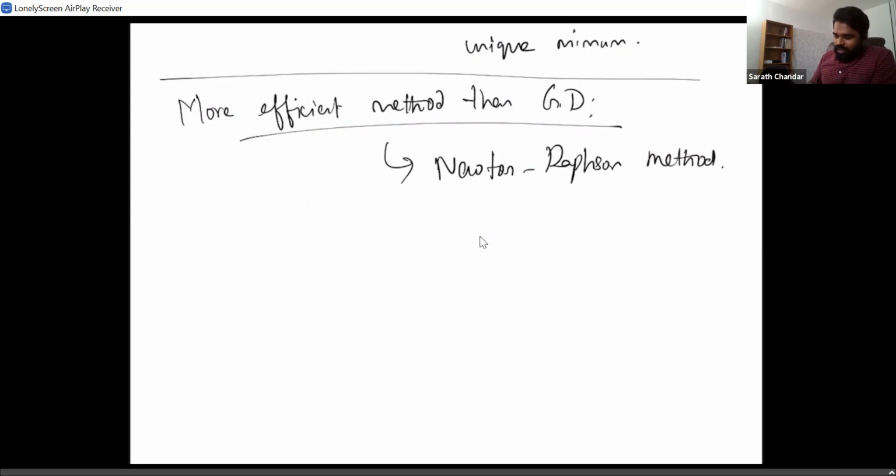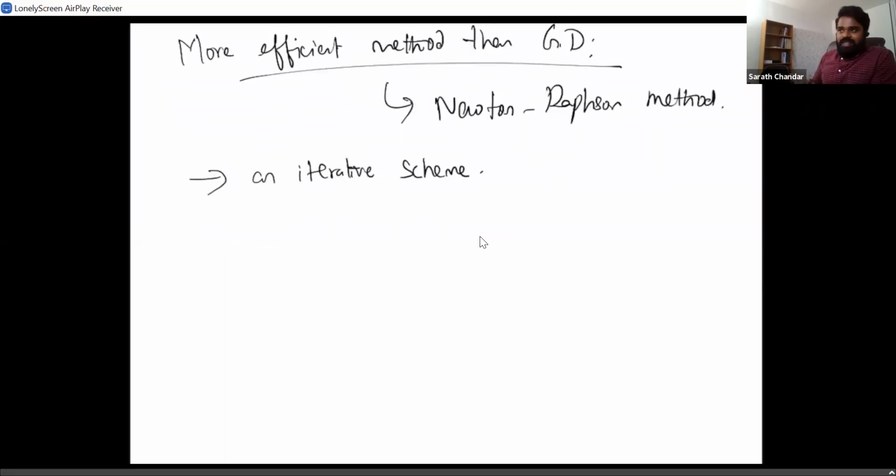Now, like gradient descent, this is also an iterative scheme. So this is also going to be an iterative algorithm. The basic idea in the Newton-Raphson method is that it uses a local quadratic approximation to the error function.